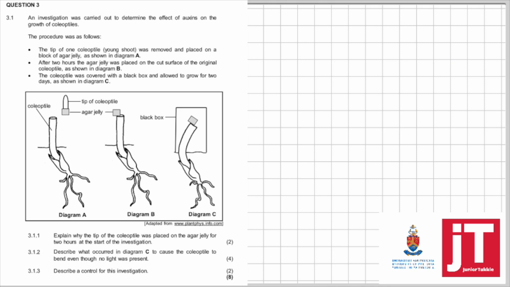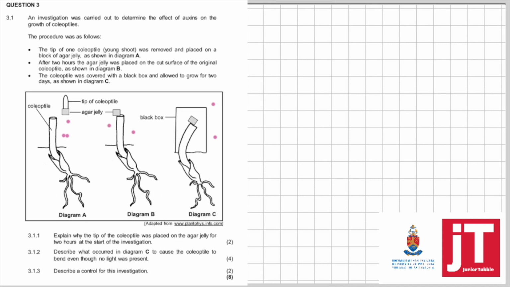The tip of one coleoptile was removed and placed on a block of agar jelly as shown in diagram A. After 2 hours, the agar jelly was placed on the cut surface of the original coleoptile as shown in B. Then the coleoptile was covered with a black box, as you can see in C, and allowed to grow for 2 days.